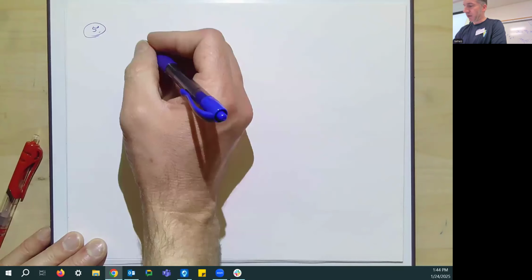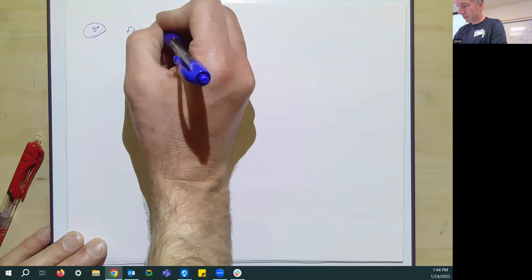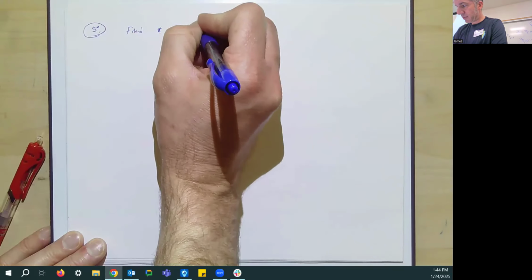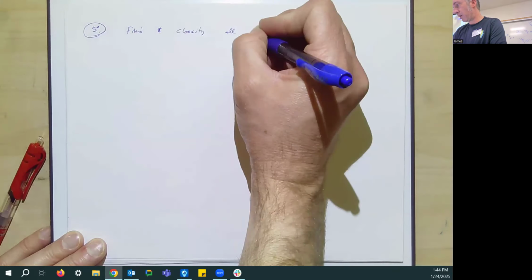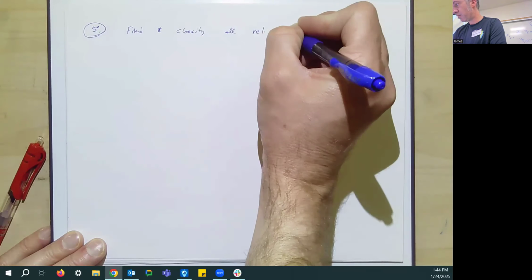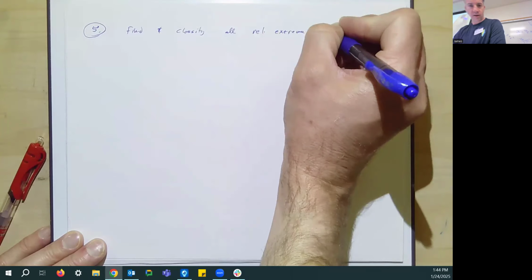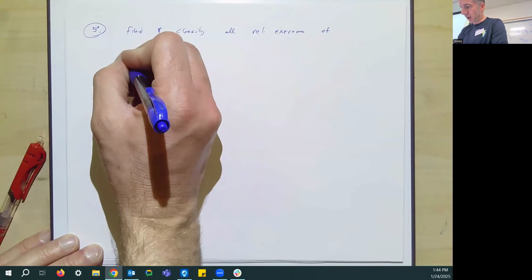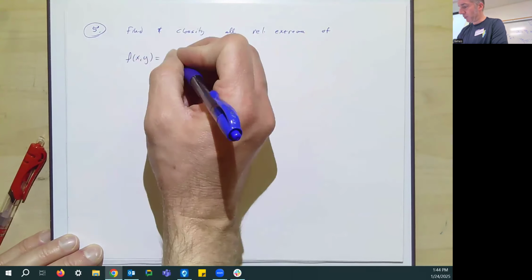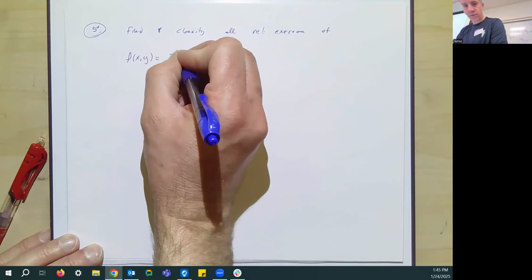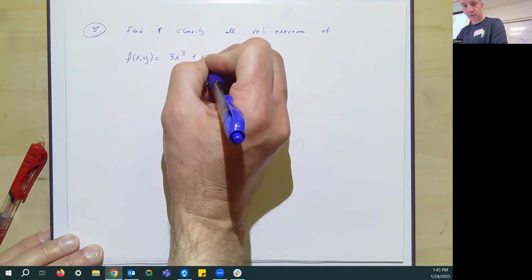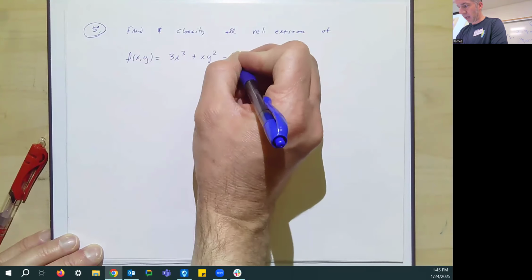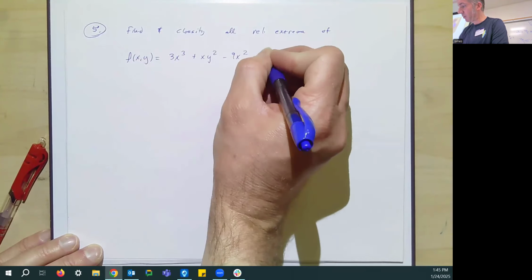We want to find and classify all relative extrema of the function f of x comma y equal to 3x cubed plus xy squared minus 9x squared minus y squared.